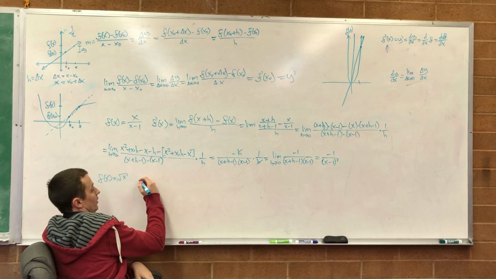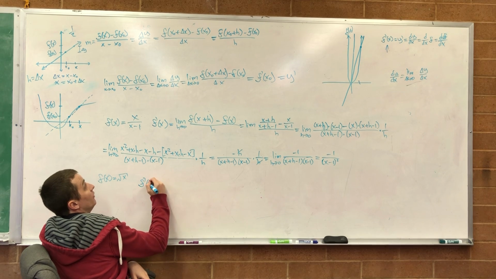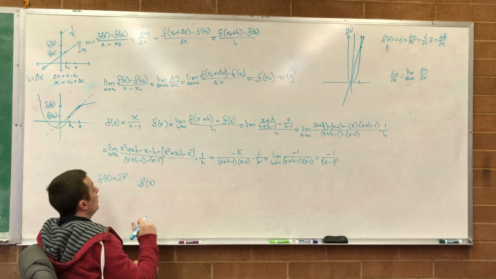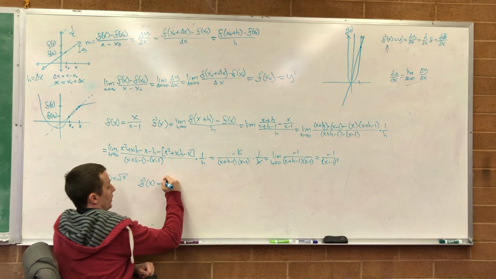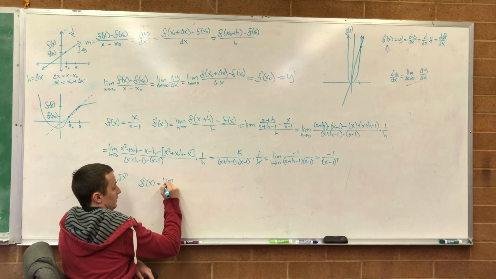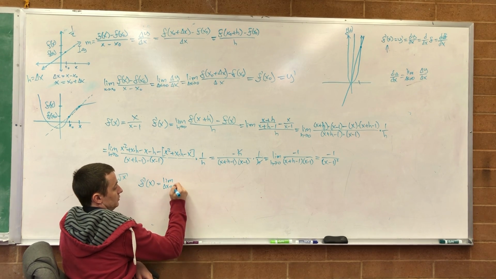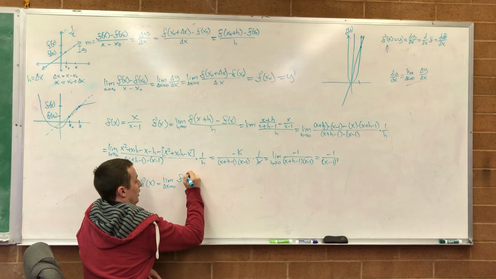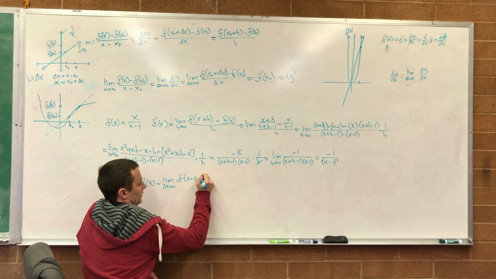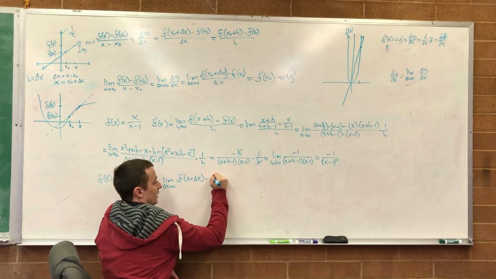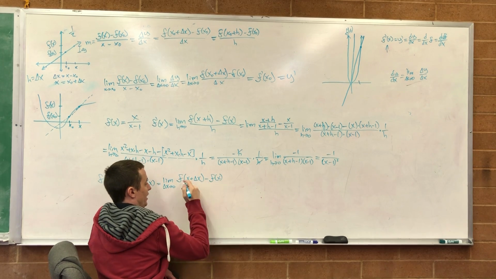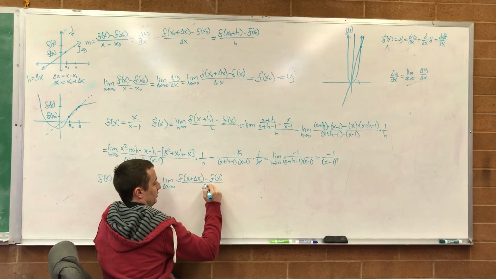So f prime of x is going to be equal to the limit as delta x approaches 0 of f of x plus delta x minus f of x all over delta x, right?